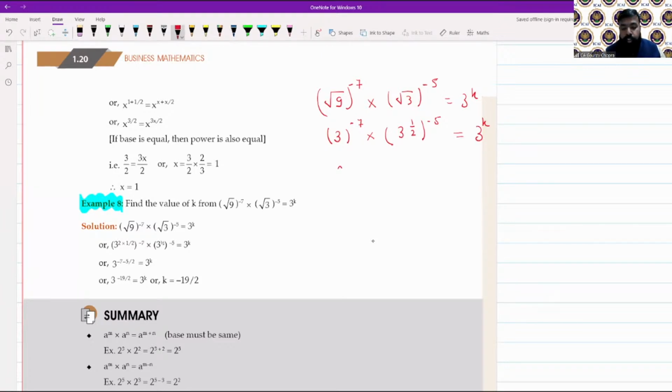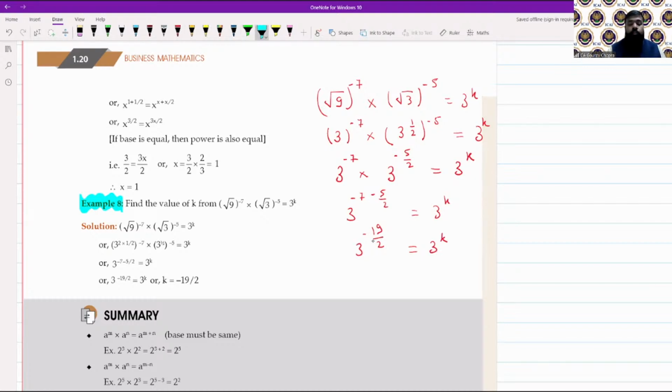So it will become 3 to the power of minus 7 and 3 to the power of minus 5 by 2 is equal to 3 to the power of k. Now since bases are same, we can add the powers. So 3 to the power of minus 7 and minus 5 by 2. On the other side, we are having 3 to the power of k. So it will become minus 14 plus 5, that is minus 19 by 2, and 3 to the power of k.